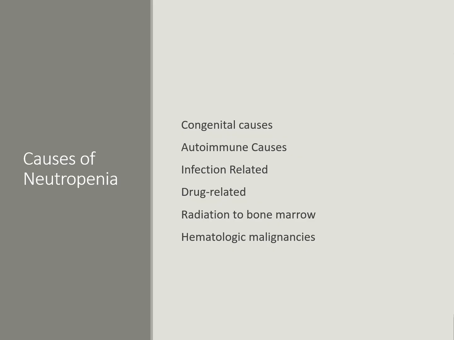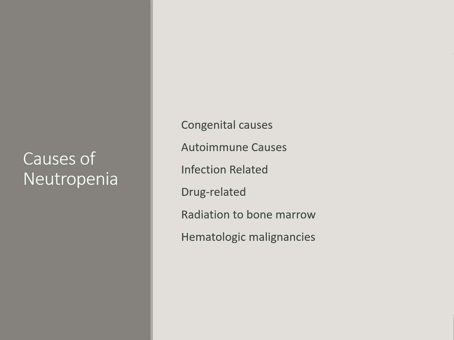Some drugs cause what we call accelerated apoptosis, or accelerated planned death, of neutrophils. So that reduces the overall neutrophil count. So things like clozapine, which is an antipsychotic agent, sometimes does that. And then also any drug that will suppress bone marrow function overall. So the common thing there is chemotherapy agents.